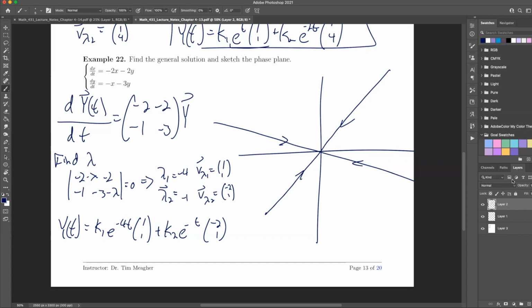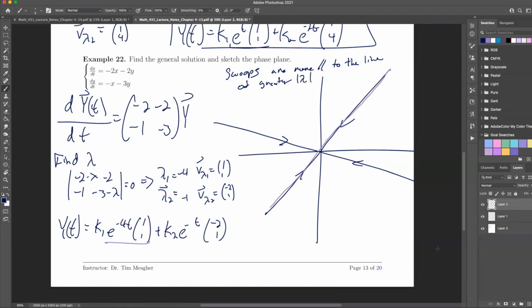But notice that this one here is stronger. So which way are the swoops going to go? The swoops are going to be more parallel to the stronger line. The swoops, that's a technical term, are more parallel to the line of the greater absolute value of lambda.